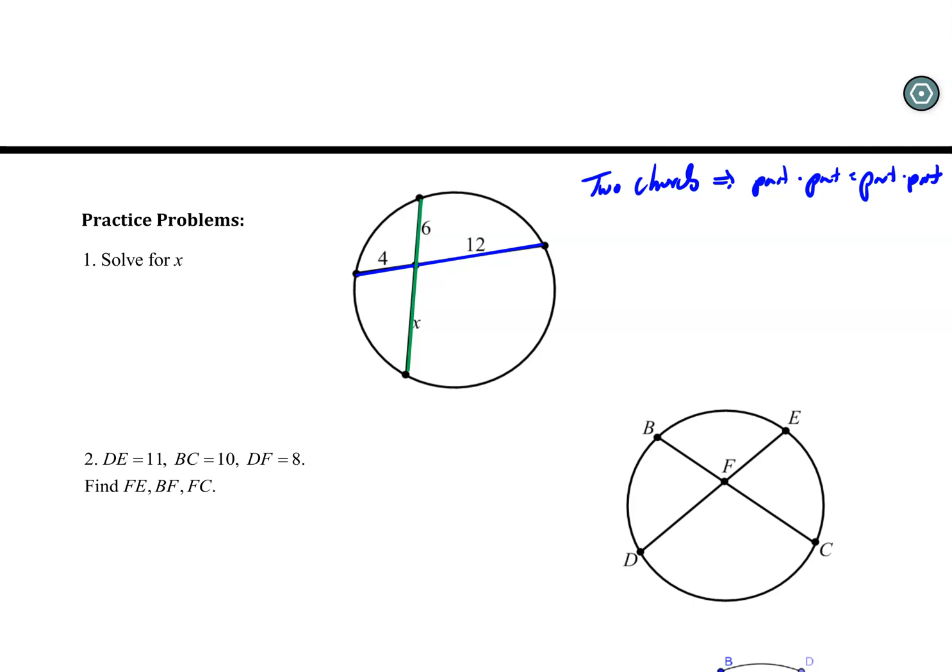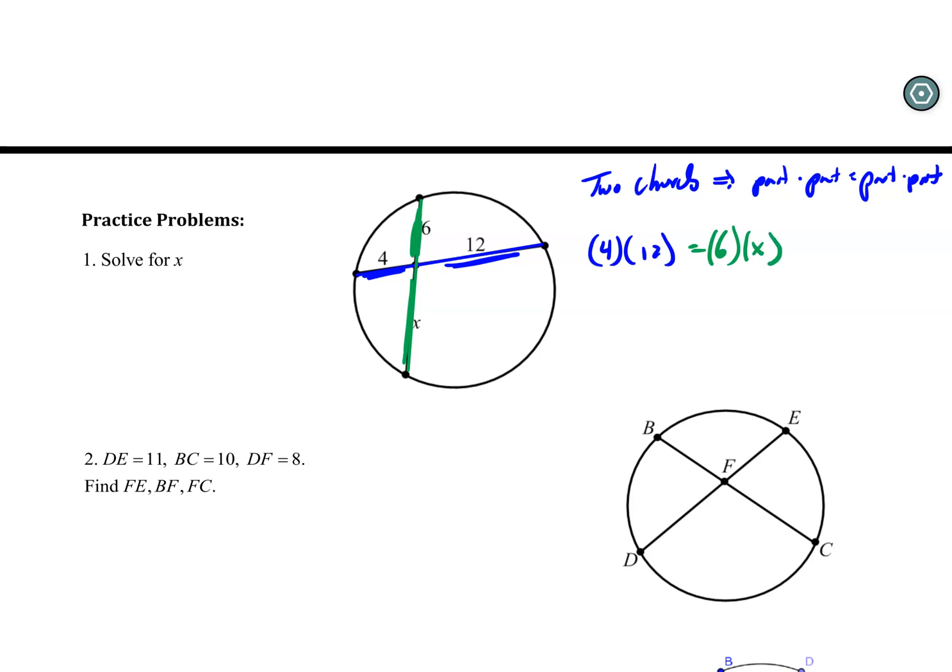So take the parts of each chord and make a product of each of them. I'm going to do 4 times 12, so this part and this part, and that product has to be equal to this portion and this portion of my other one, so 6 times x.